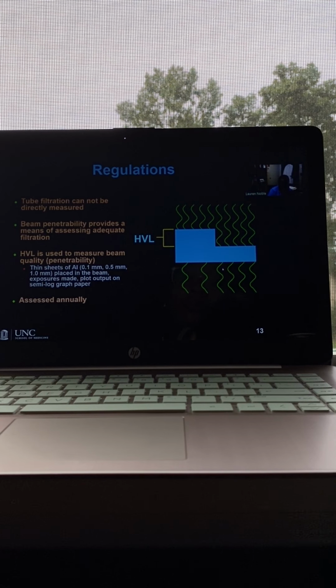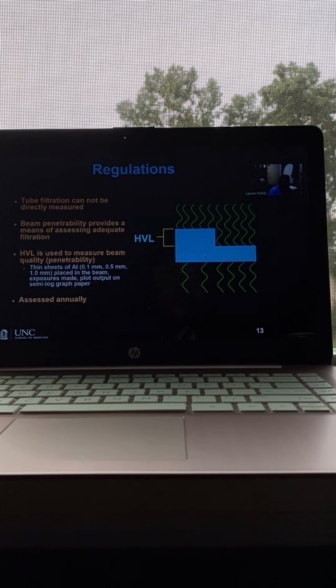In other words, we have 4 X-rays making it through this thin piece, but only 2 making it through this thick piece. So this thickness would be referred to as the half value layer. They put this aluminum in the middle of the beam, and they look at what thickness of this aluminum will reduce the beam to 1/2 of its original value.